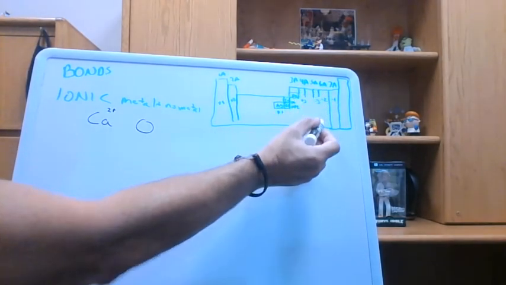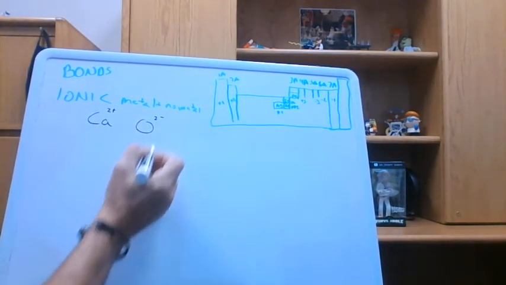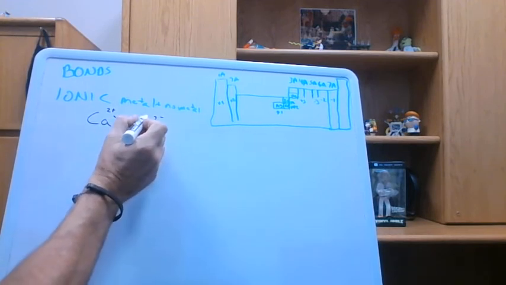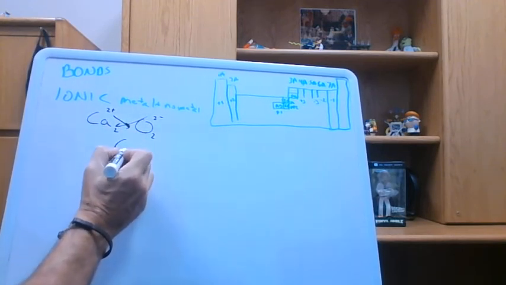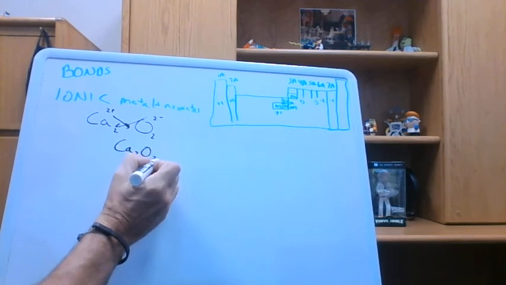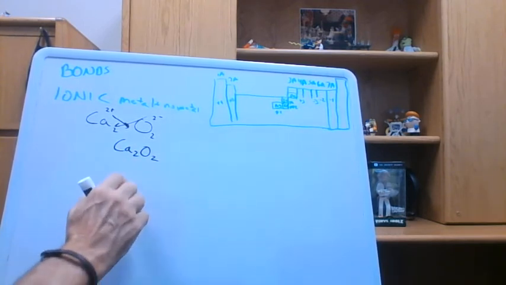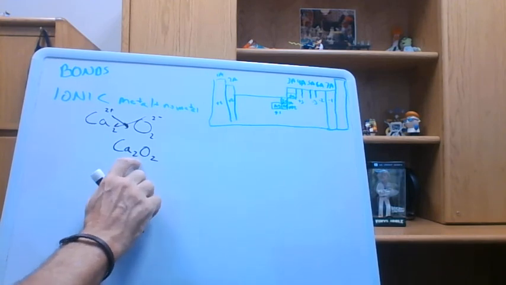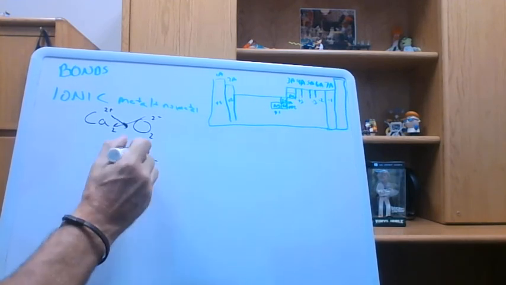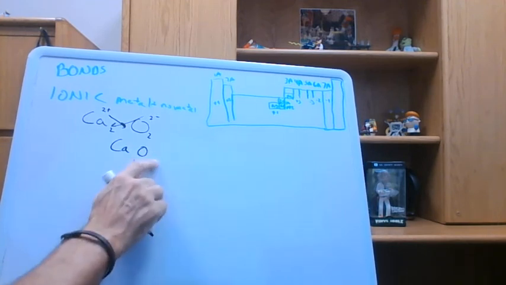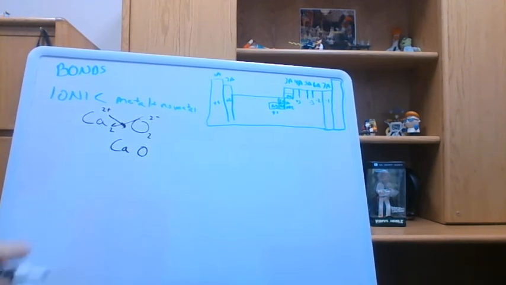Oxygen again is in 6A, so it's going to want to form a -2. So if we do this cross multiplying, it's going to say we need a 2 here and a 2 here, and so we have Ca2O2, which is not technically correct because we need the smallest ratio. So if you end up with numbers like this, then you need to divide the numbers, and so we need one of each. So it's just 1 calcium and 1 oxygen.